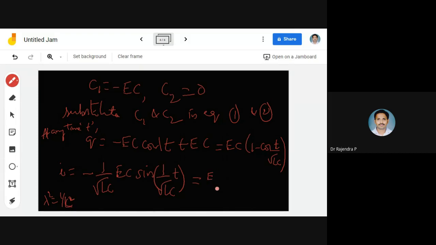E by under root C by L into sin 1 by root L, T by root LC. If you want some more simplification, we can write it up. I think minus is there here. Okay. Is it clear?